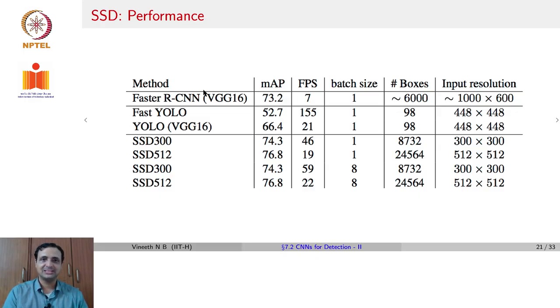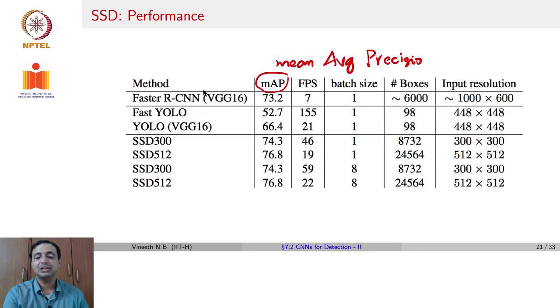All detection methods are measured using an evaluation metric known as MAP, or mean average precision. Precision refers to the standard precision metric used in machine learning methods. Average precision talks about the average precision obtained across all of your classes, and the mean is across all of your bounding boxes. So one typically measures MAP at a particular IOU.